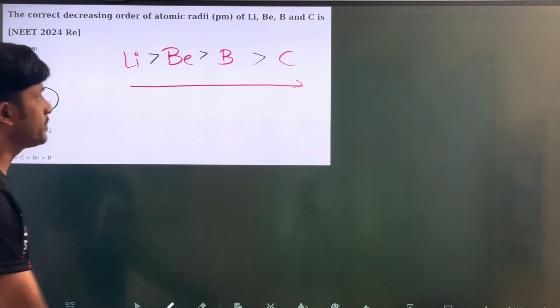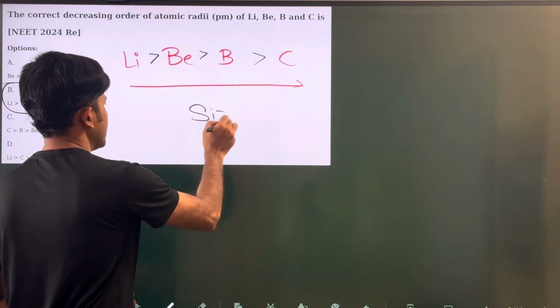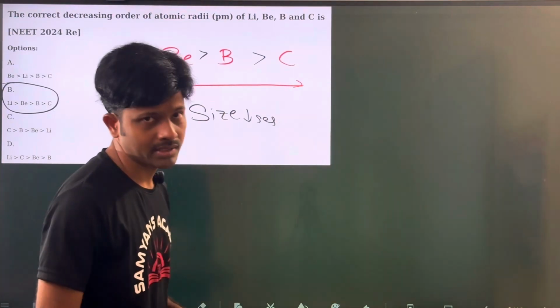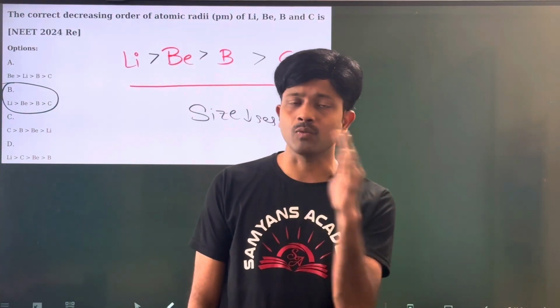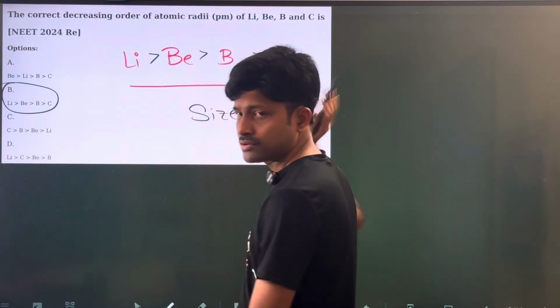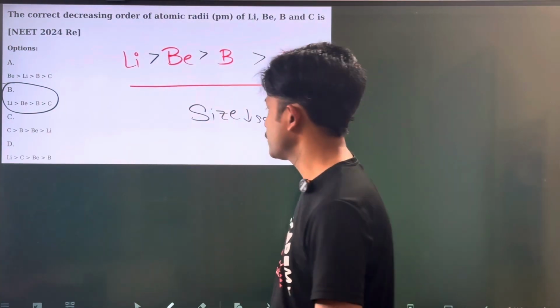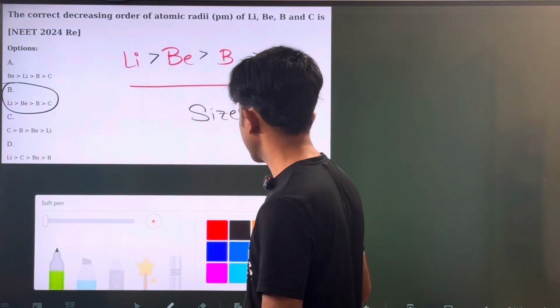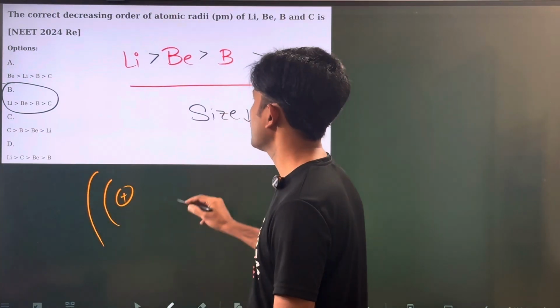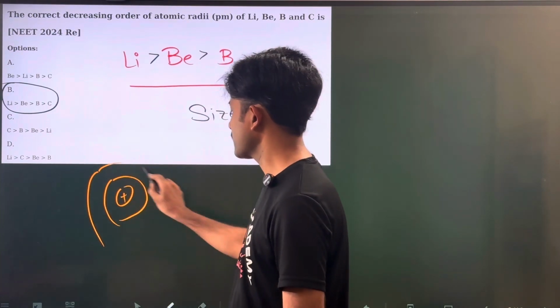Across the period, what happens? Size decreases. Why does it decrease? All these elements belong to the second period. It has two orbits, lithium has first orbit and second orbit, and all electrons are joining into the second orbit.